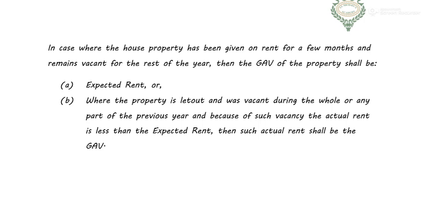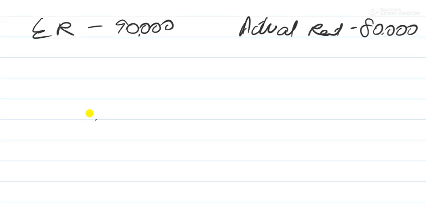Understand vacancy from the point of view of the government. Suppose there is no vacancy. The government says that according to me, there is a property in XYZ place. Its expected rent comes to 90,000, and you are saying that you have given the property on rent for only 80,000 annually.